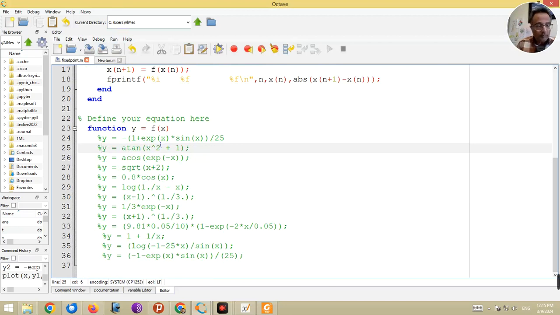Let me comment this one. This is the suitable sequence for the fixed point method. Minus 1 over 25, 1 plus exponential of x times sine of x.